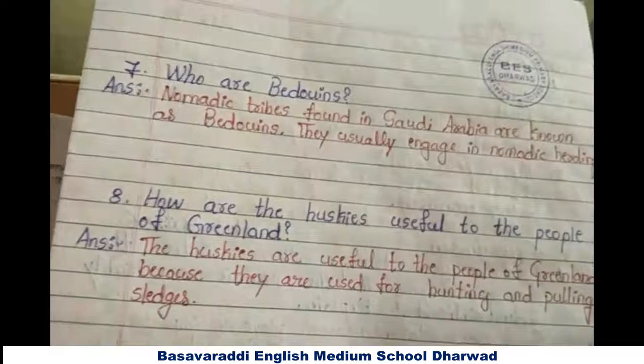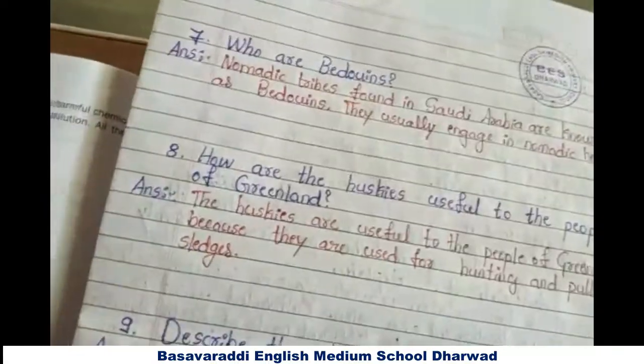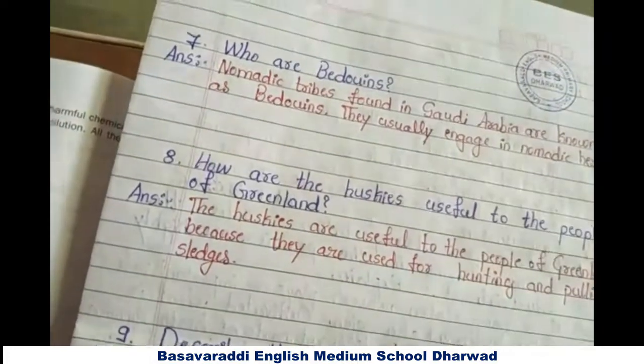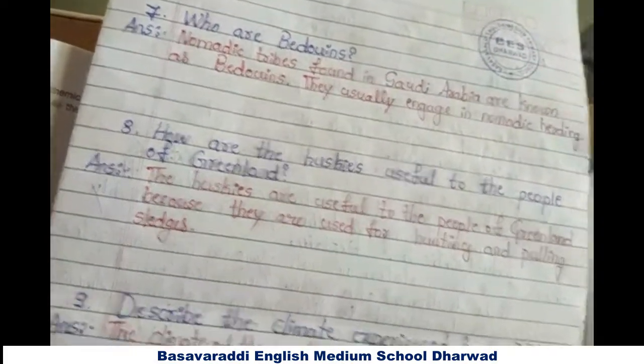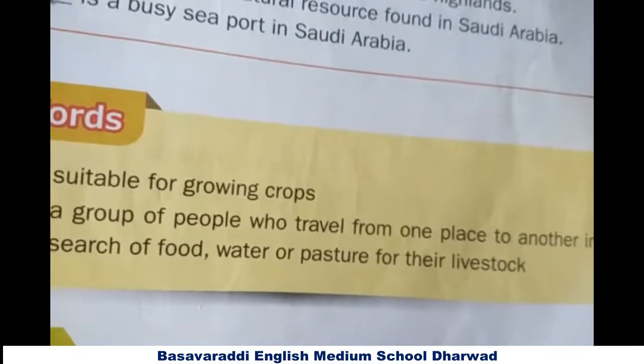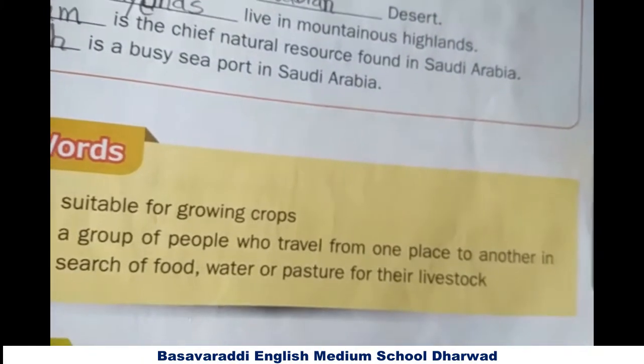Nomadic means what? A group of people who travel from one place to another in search of food.